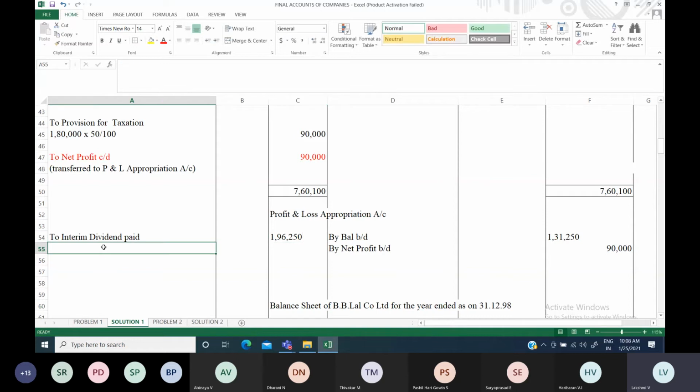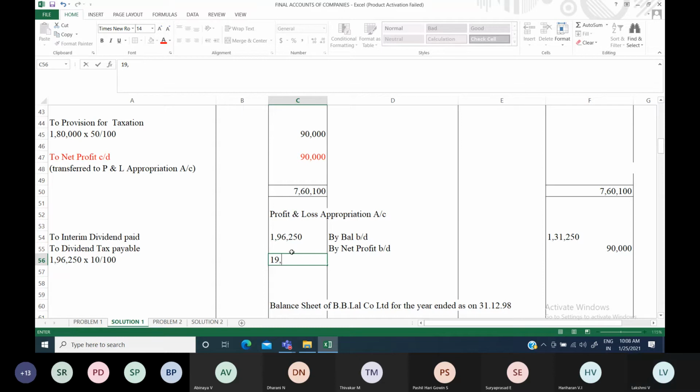So for this you have to provide dividend tax payable. Provision means payable, certain times we will be mentioning. Okay. So on what amount do we have to provide 10%? On 1,96,250 you have to provide 10%. 1,96,250 into 10 by 100. So you will be getting 19,625. Okay. So this amount has to be entered here.